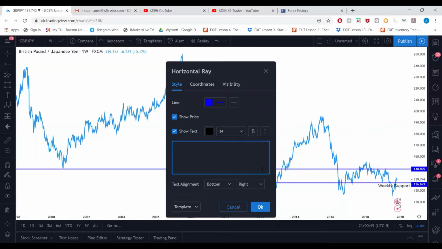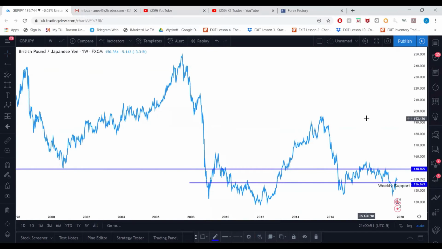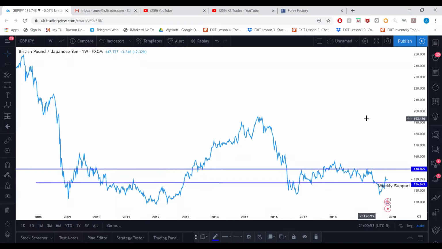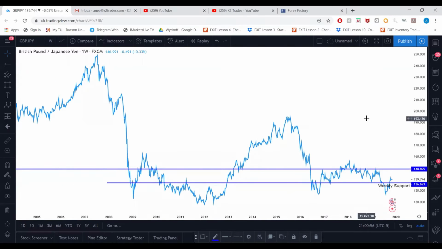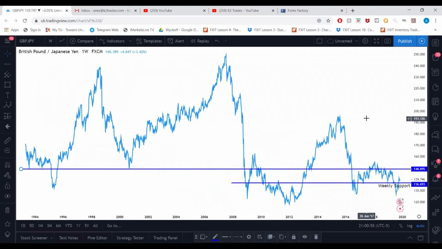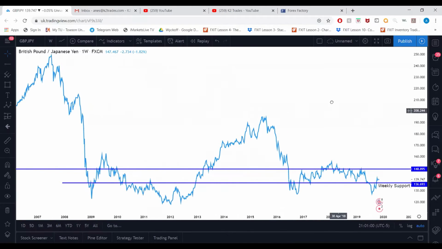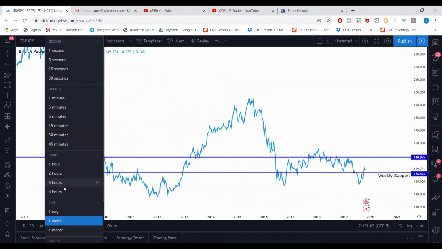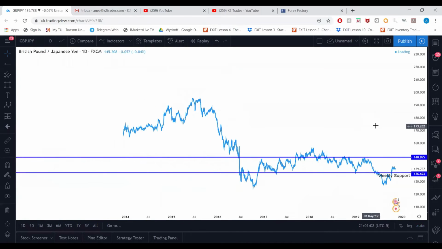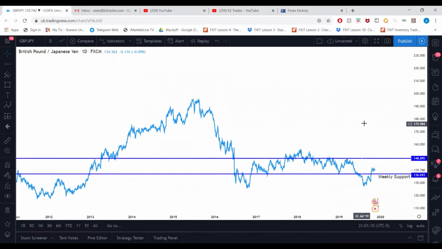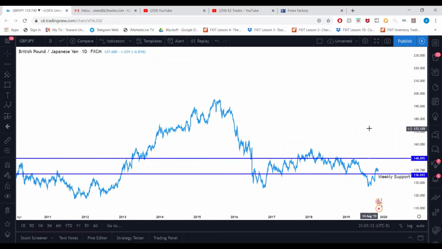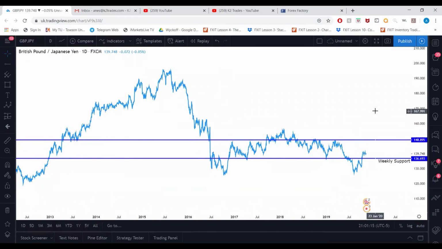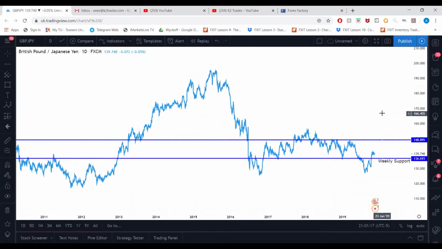And this will be, well, that's too far out. We've got to find something. Yeah, that's too far out. I don't like that. So I'm going to have to go on a daily to find more relevant resistance, because the weekly is pretty much 800 pips away. Yeah, 900 pips away.